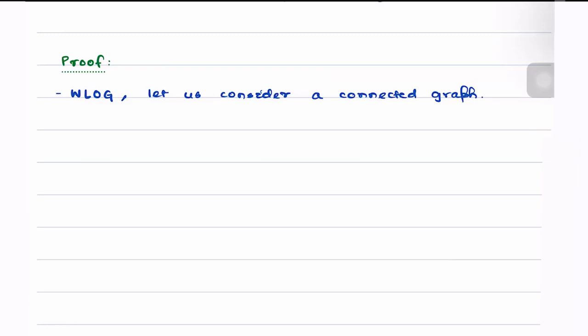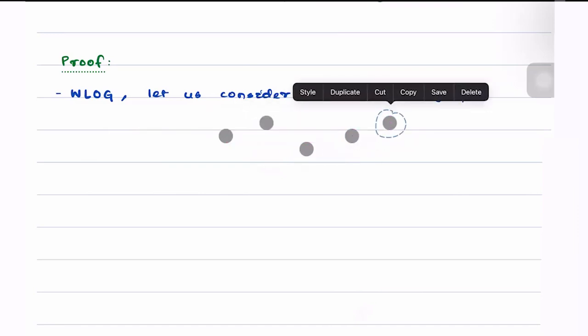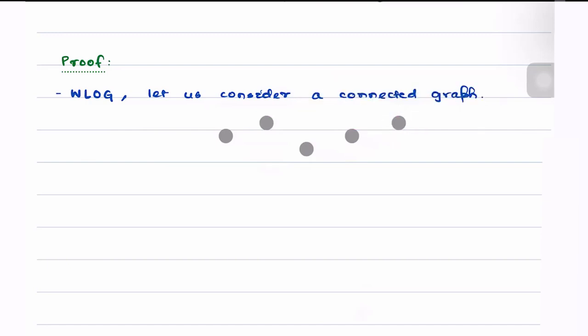Just because the graph is connected, there are several things now we can say. What are those things? Let us construct a connected graph so that we can easily see a few things. Now this graph is connected. Then we know that we can start at any vertex and reach any other vertex. So now we have constructed a connected graph.